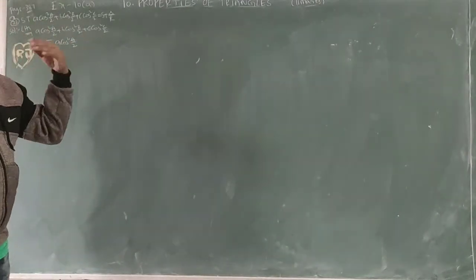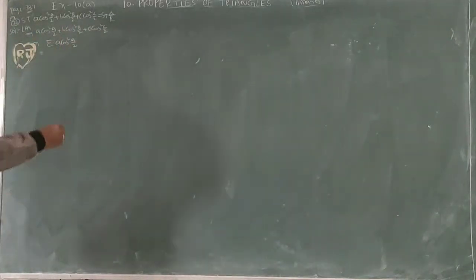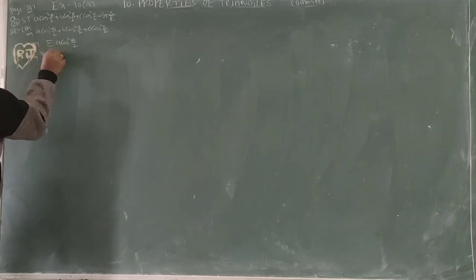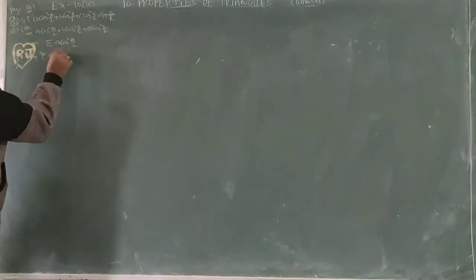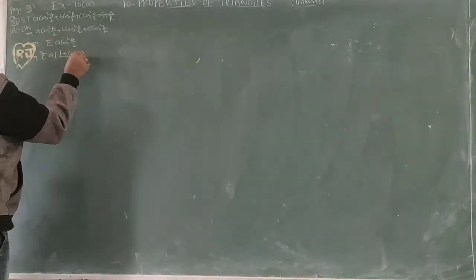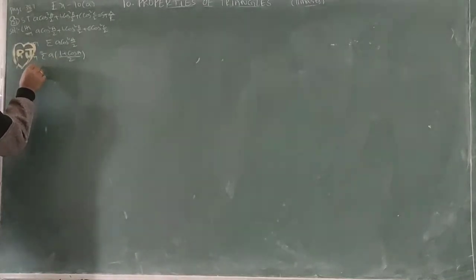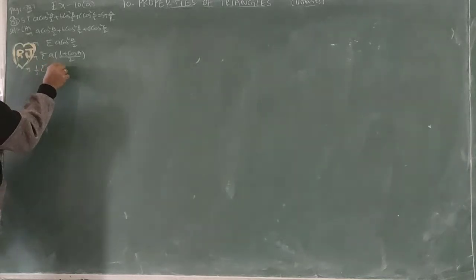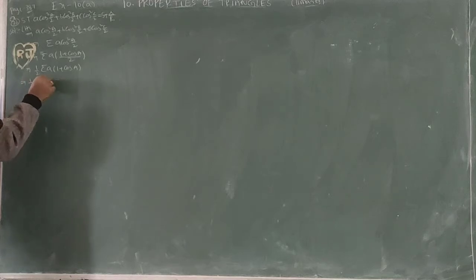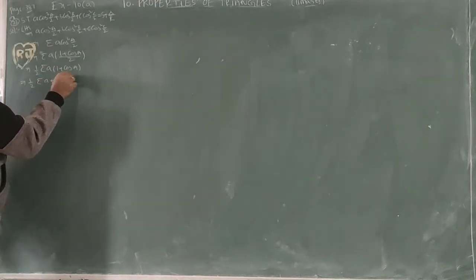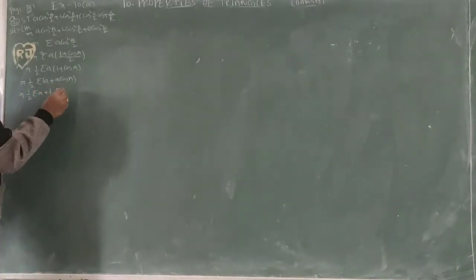Now cos² (A/2) is (1 plus cos A) by 2, so this is 1 by 2 sigma a (1 plus cos A). Splitting, 1 by 2 sigma a plus 1 by 2 sigma a cos A.